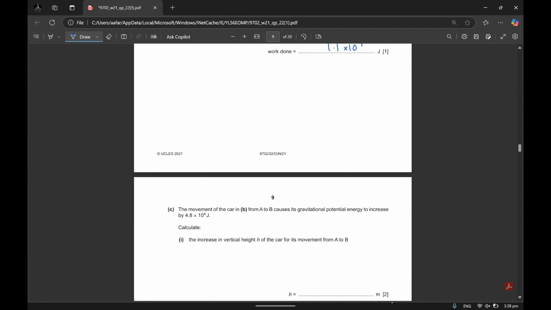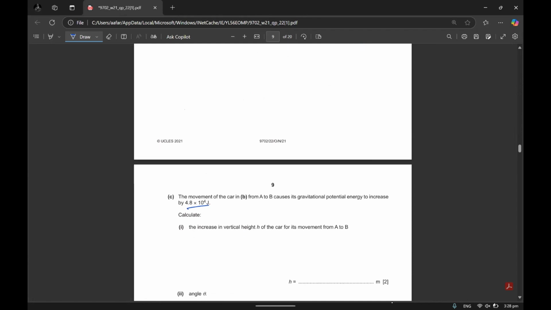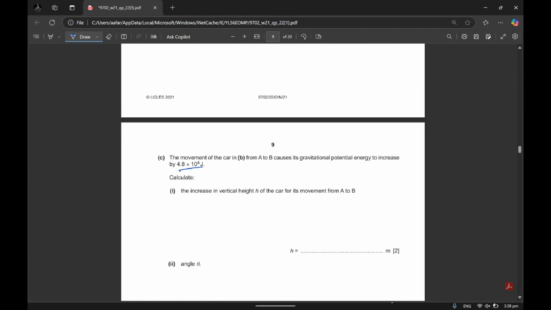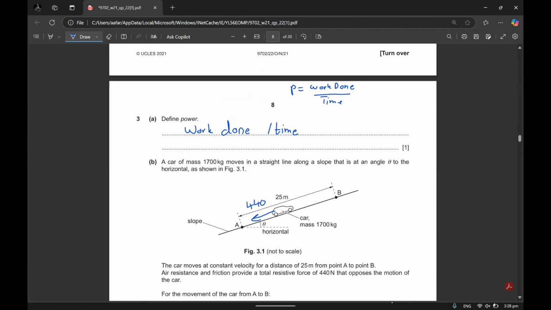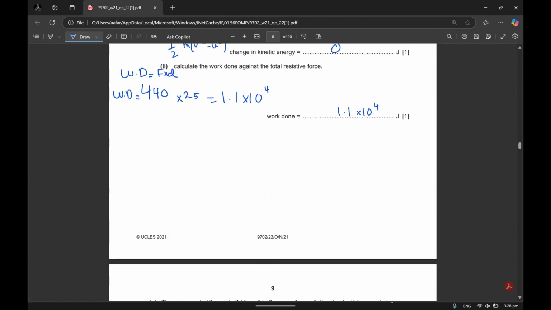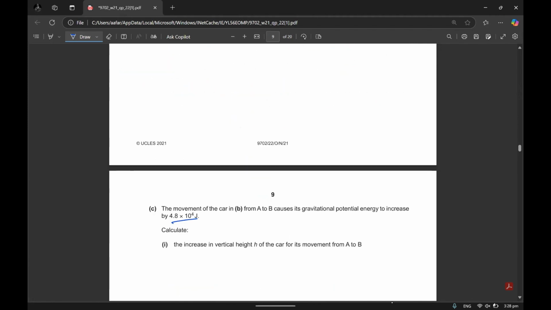The movement of the car from A to B causes its gravitational potential energy to increase by 4.8 into 10 to the power 4 joules. Calculate the increase in vertical height of the car for its movement from A to B. Okay, so we have the mass of the car, and we know its change in potential energy.